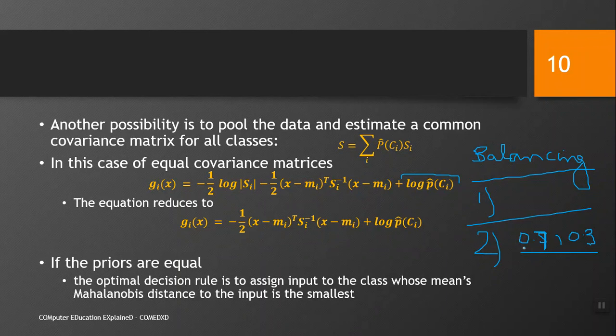Let's say that I multiply this 0.7 probability, a class which has the prior probability 0.7, with 0.3, I will get 0.21, and a class having the prior probability of 0.3, I multiply it with 0.7 and it would give me 0.21. Now I can see that their priors are equal. How did I make their priors equal? Because I have multiplied them with some weights that I have found, right.